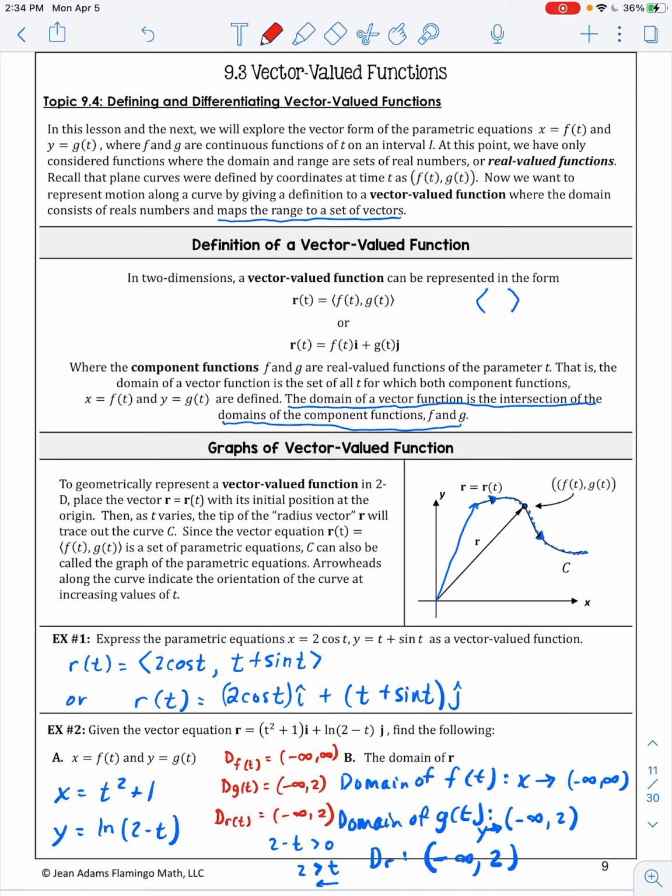Okay, so that was what they were asking for. So for part A, they wanted us to give them this. And of course, this was also called our f of t, right? And this one was called our g of t, okay? And the answer to part B is negative infinity to 2.